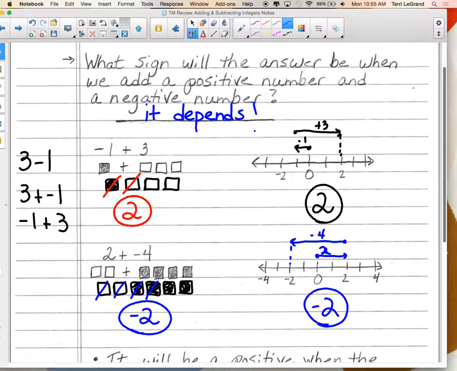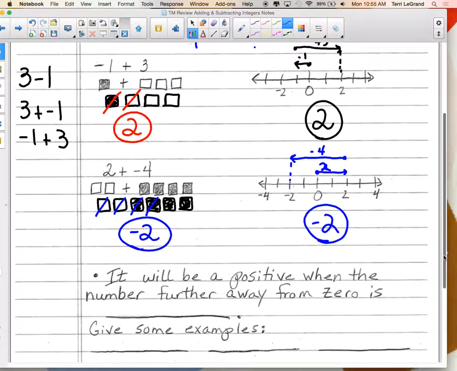Tell me something with a comparison between the two problems themselves. Can you tell me anything that happened in both of them, in the -1 plus 3, that also happened in the 2 plus -4? What can you tell me happened there? Happened in both cases. Study your papers, or you can study my board, I guess, whatever you want.